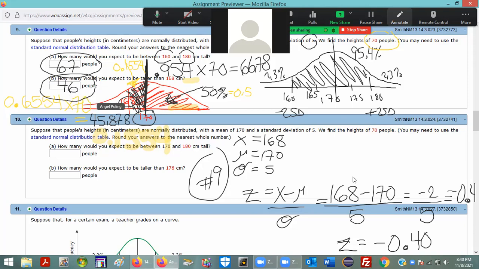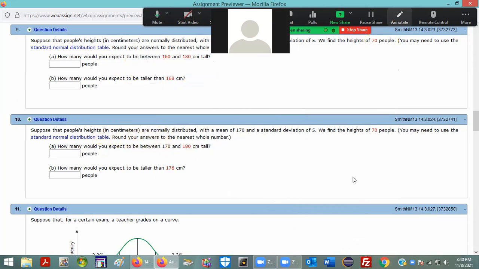So here we first had to find the z-scores. In A, we could just use a table, like the empirical rule table.